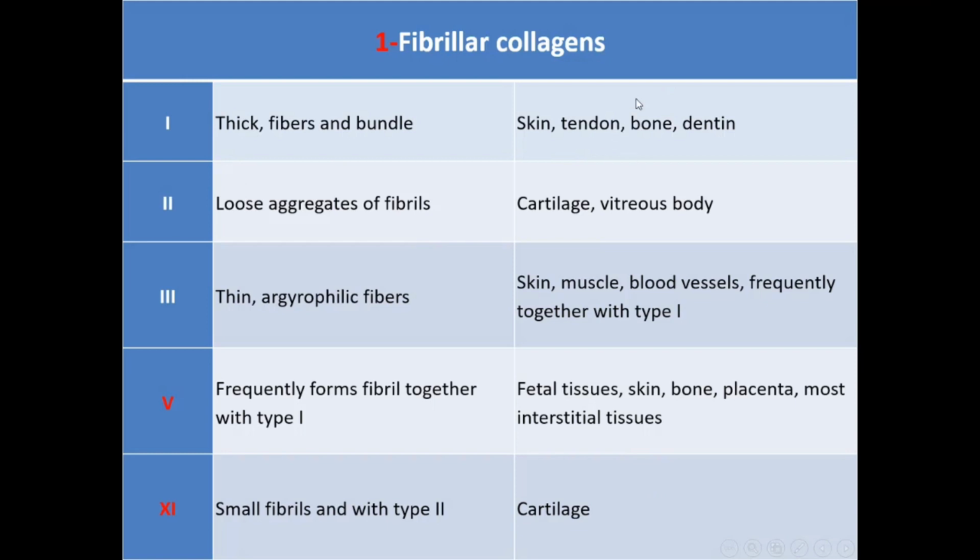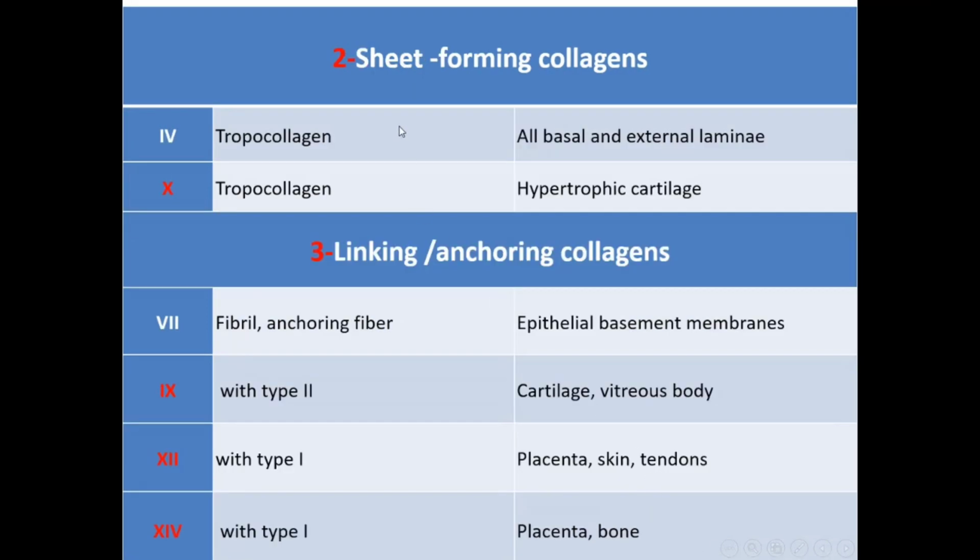You should memorize this. The second group of collagen is sheet-forming collagen. Collagen type 4 and collagen type 10 are placed in this group. You know we have collagen type 4 in all basal and external laminae.